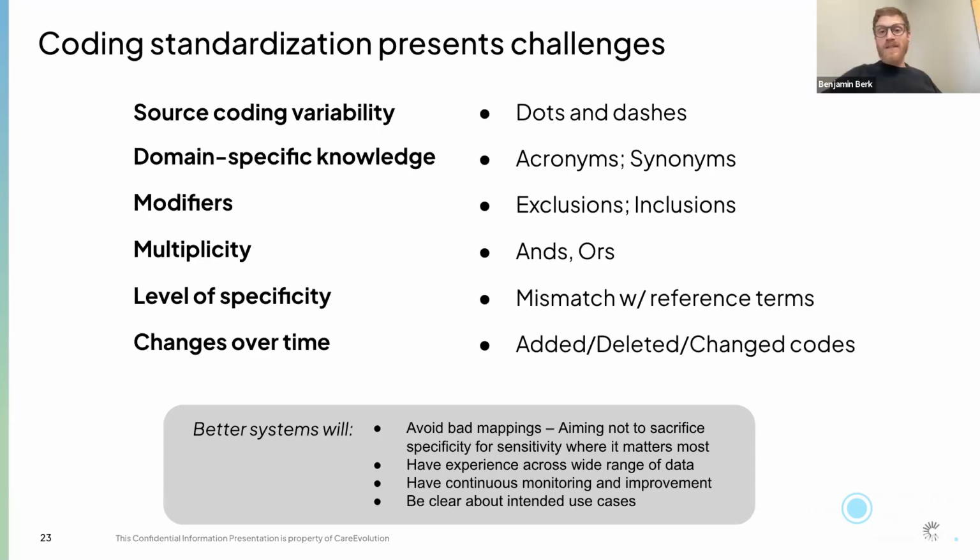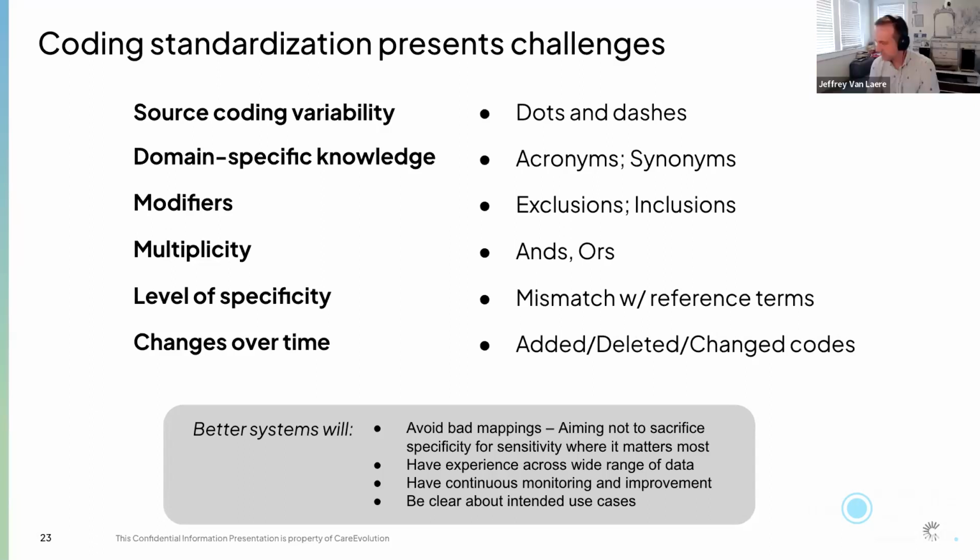Well, and it becomes even more complicated when, again, this changes over time. So every one of these reference code systems, whether it's monthly or quarterly, comes out with new codes, they delete codes, they change the meaning of codes. And so if you've got a system in place for standardizing this stuff, it needs to be constantly updated so you don't end up with bad mappings.